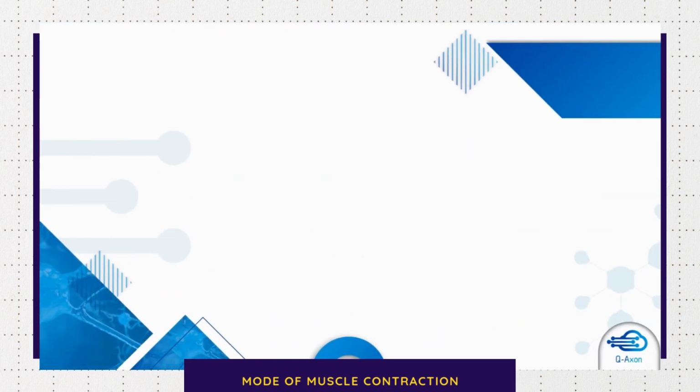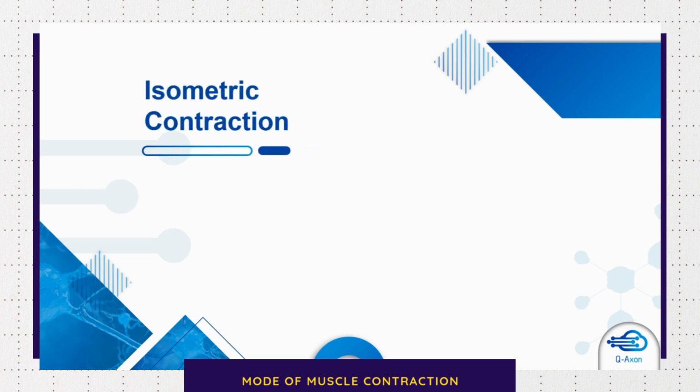Now that we have understood isotonic contractions, let's understand isometric contractions. Now there are some activities where the length of the muscle remains constant. Only the tension changes, and this is what we refer to as an isometric contraction.